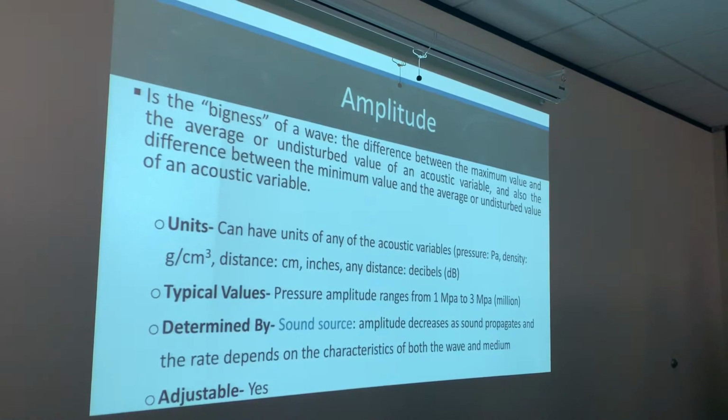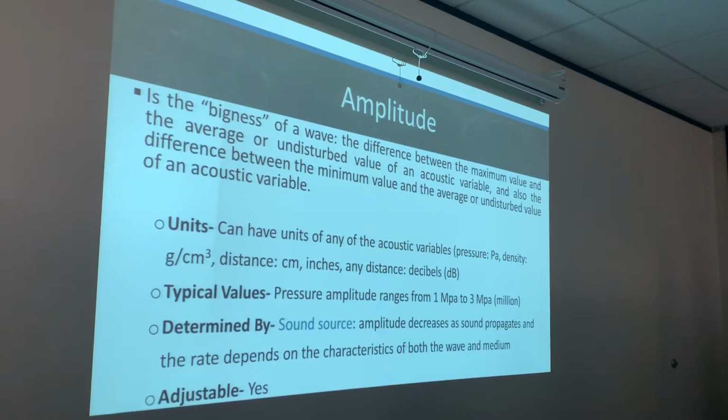Because remember, acoustic variables are measured in oscillations. The typical values range from 1 megapascal to 3 megapascals. I'm sure they're using these numbers to simplify them, to make them more readable, because they could just say 1 million pascals or 3 million pascals. This is also determined by the sound source, from the machine and the transducer.